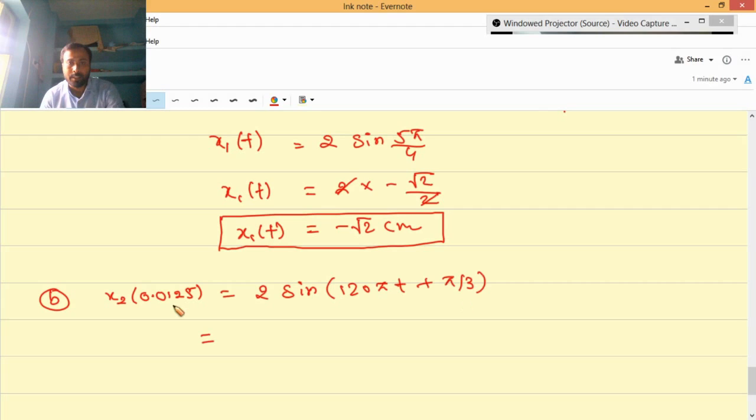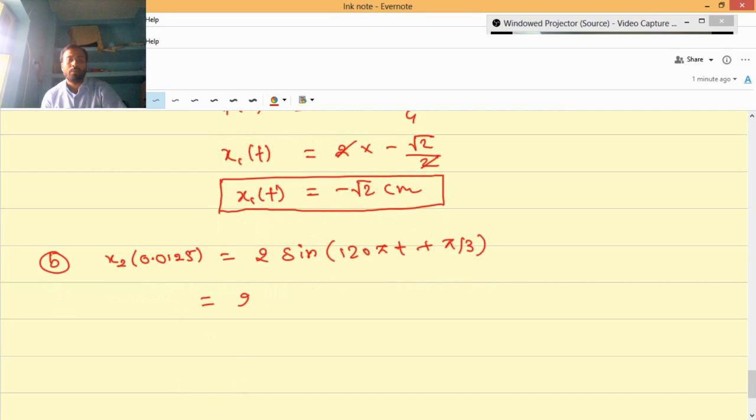What is required here is that we substitute the value of t over here and evaluate this particular value. So it will be 120 pi into 0.0125.